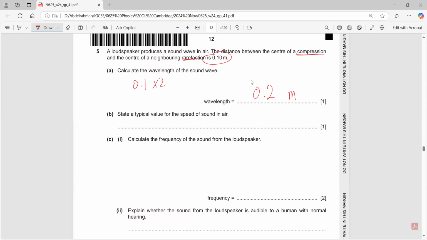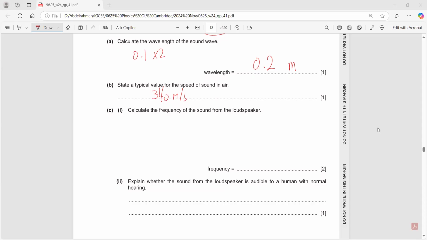State the typical value for the speed of sound in air. It would be in the range of 330, maybe 340 meters per second. 330 would be okay, 335, 340, 345, I guess up to 350. Calculate the frequency of the sound from the loudspeaker.